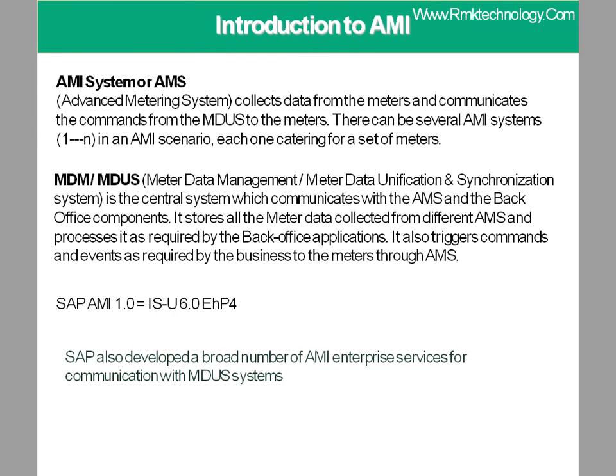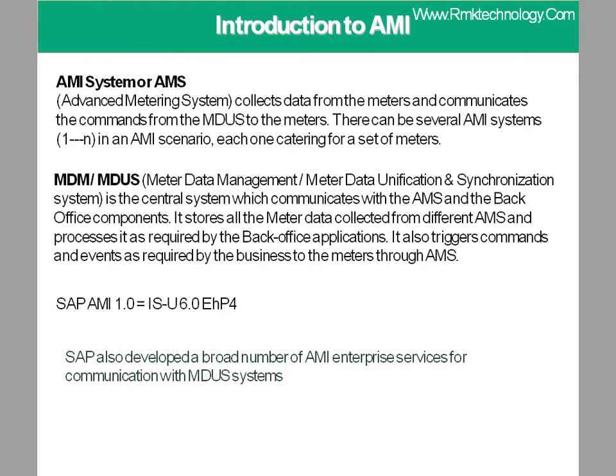This slide puts some definition to AMI and MDUS systems. The AMI system or AMS, advanced metering system, collects data from the meters and communicates the commands from the MDUS to the meters. There can be several AMI systems, 1 to N, in an AMI scenario, each one catering for a set of meters.